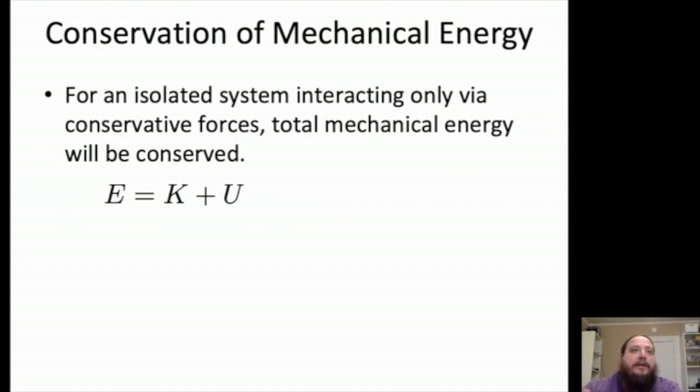You're just moving energy from one form to another. Here it might be all kinetic energy, maybe over there it's all potential energy, maybe somewhere in the middle it's a mixture of both of them. But the kinetic plus the potential energy will always add up to some constant value.